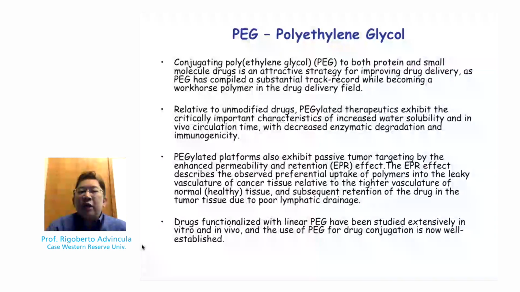So pegylation, or application of conjugated PEGs, is very common and useful in different types of drugs, including polynucleotide and polypeptide-based drugs. It can be used to improve circulation time, decrease enzymatic degradation, and provide immunosuppression.